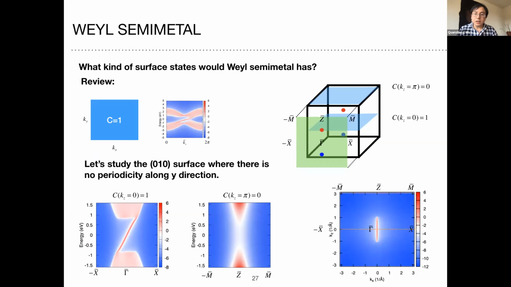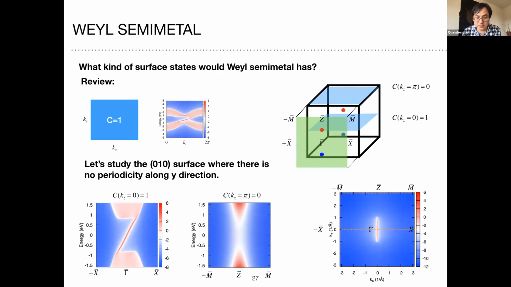So we know that in the middle, kz equals 0, we have a non-zero Chern number. So we have edge states, and if we plot here, this is a cut from here. You have edge states, but for kz equals pi, the Chern number is 0.